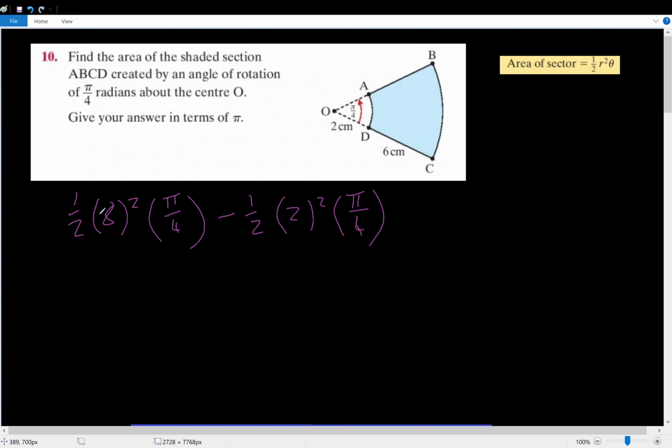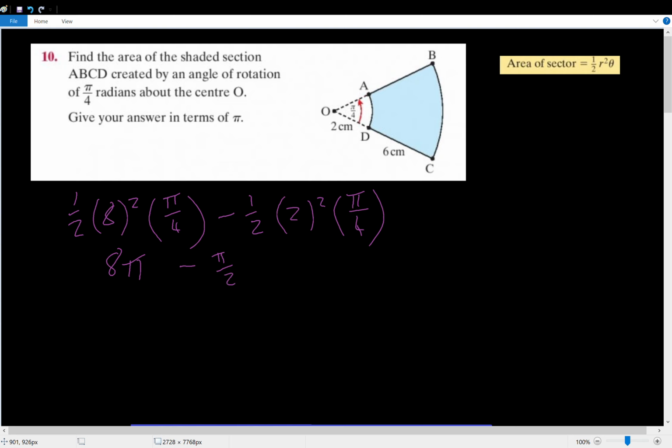So when we do this out, 8 squared is 64, but 2 times 4 is 8, so in other words, we're just going to end up with 8 pi for this. And then from that, 1/2 by 2 squared is just going to be 2, so it's 2 times pi over 4, which just leaves us with pi over 2.